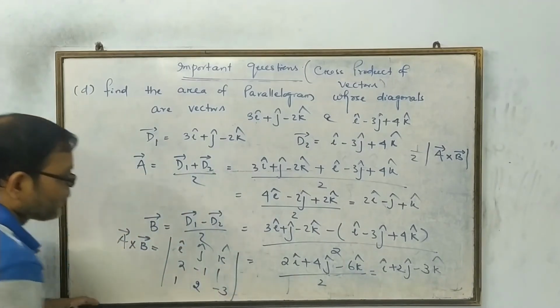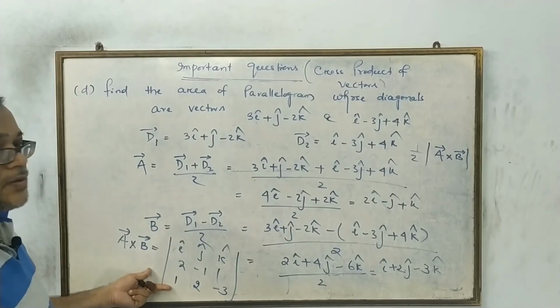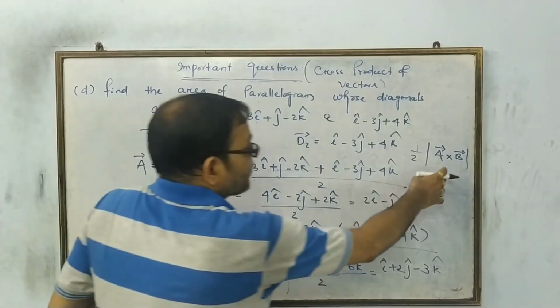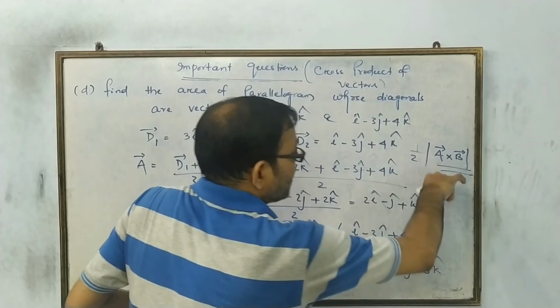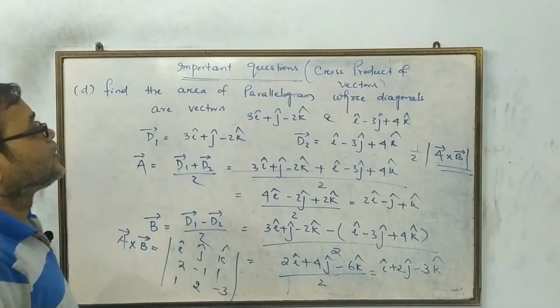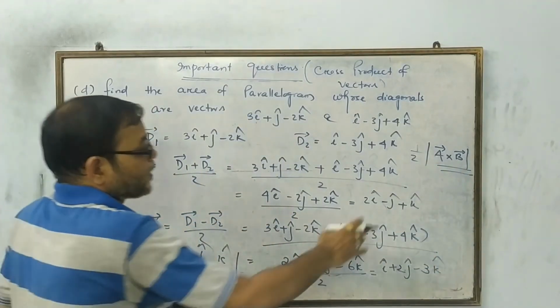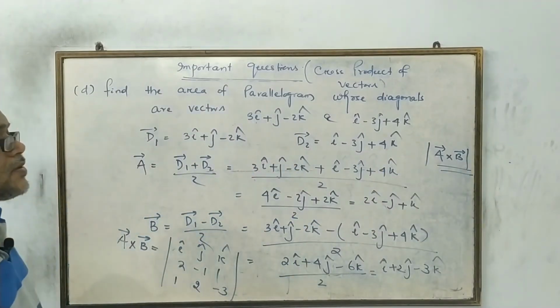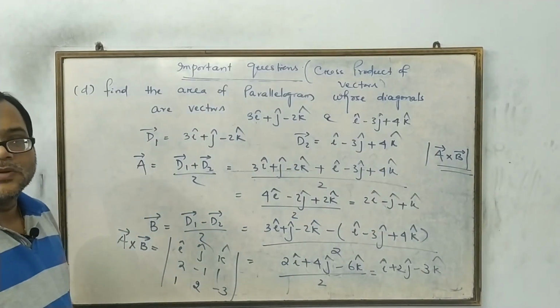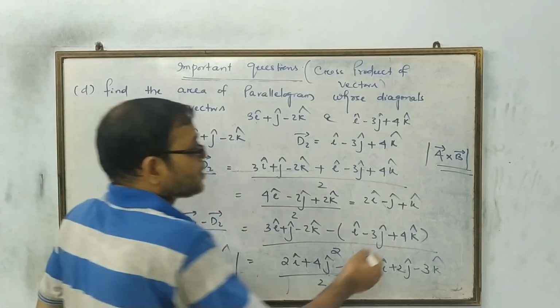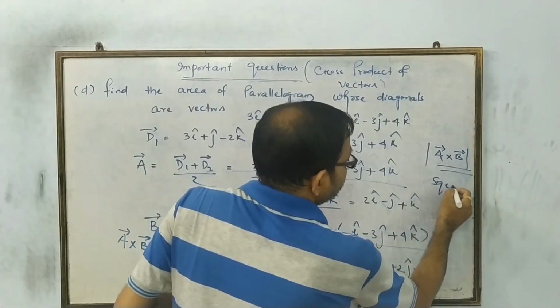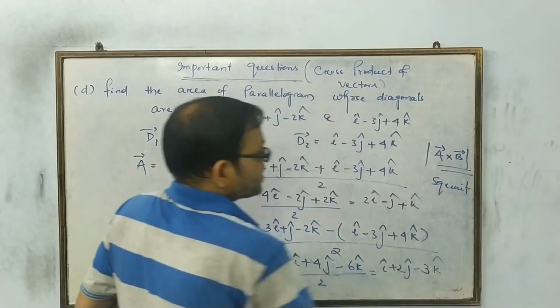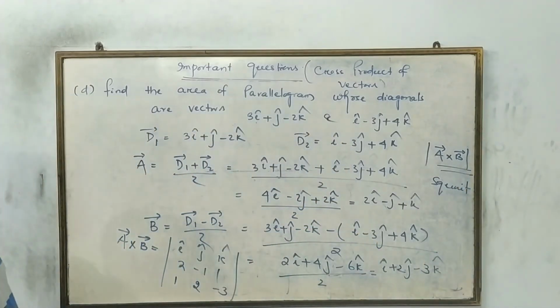You find out a cross b, then you substitute the magnitude of a cross b here. Sorry, half will not be taken, okay, only a cross b magnitude will be your answer. Answer will be written in the square unit because area is asked. Okay, pause the video.